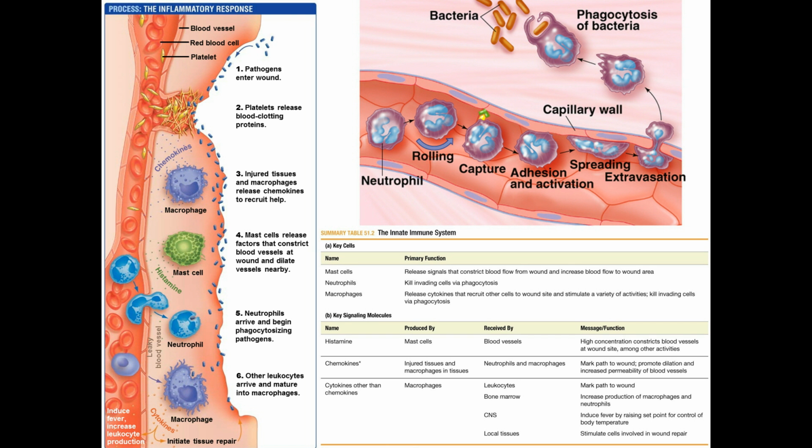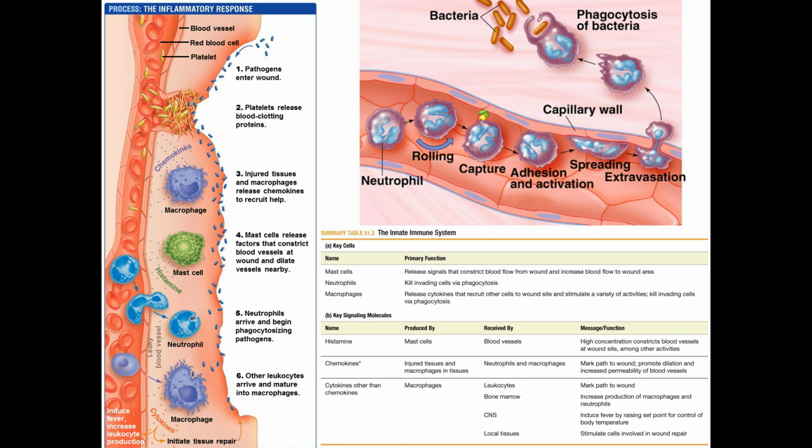So you have swelling, you have blood flow that's diverted to the site of injury, and you have a pain response. That's going to be triggering all four of those signs of inflammation.